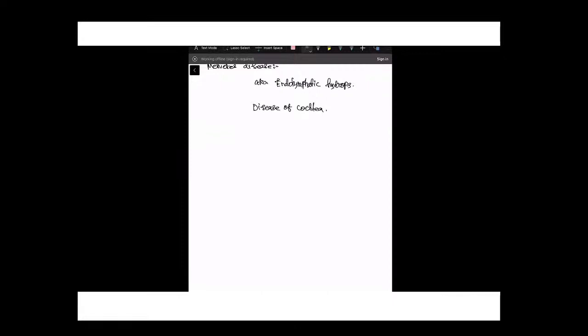So the name, we have endolymph. It accumulates inside the cochlea. We have endolymph and perilymph in the inner ear. So this endolymph accumulates inside the cochlea, leading to the bulging of Reissner's membrane.